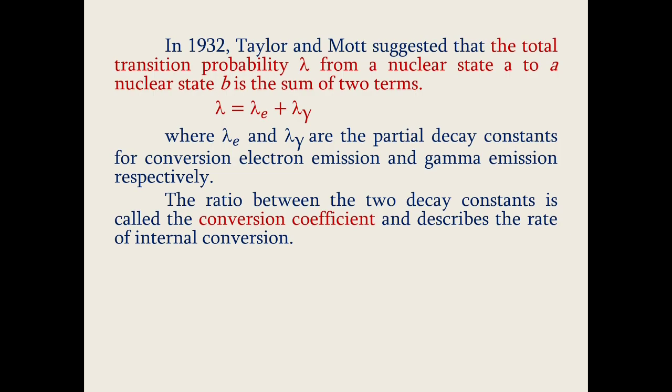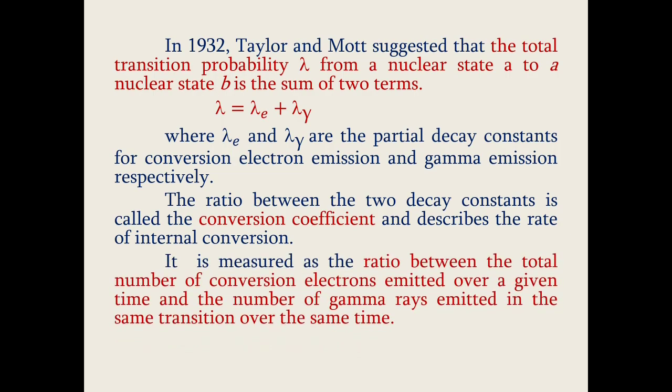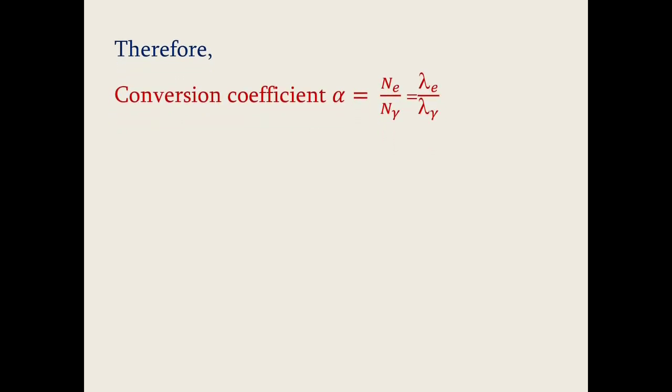This conversion coefficient will describe the rate of internal conversion happening. So this conversion coefficient is a measure of the ratio between the total number of conversion electrons emitted over a certain time to the number of gamma rays emitted in the same transition for the same time.